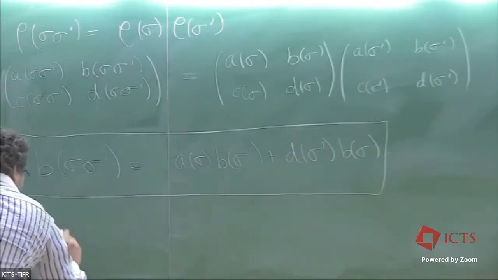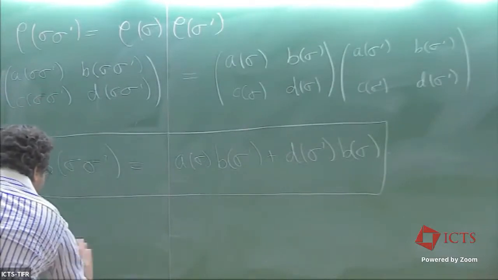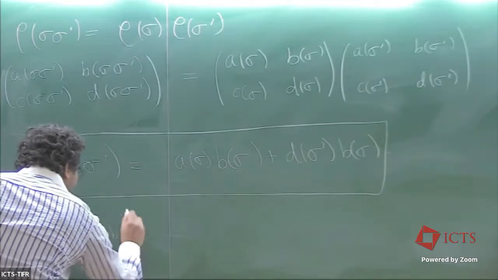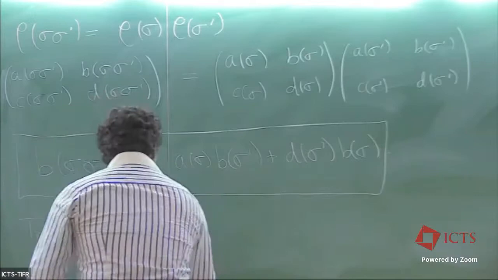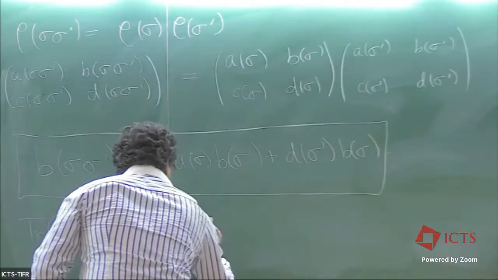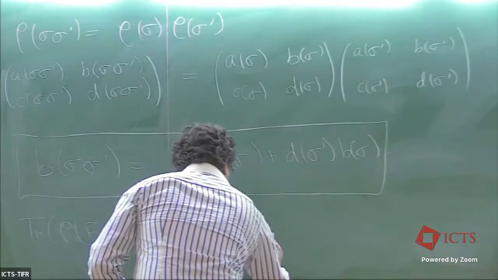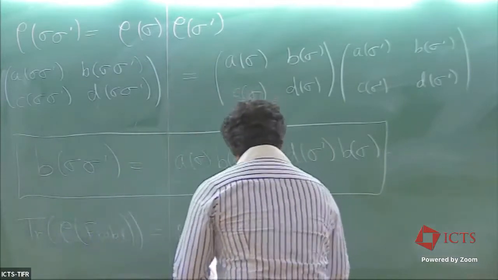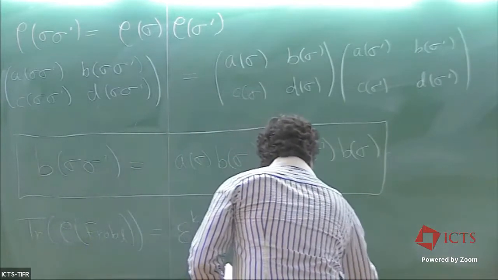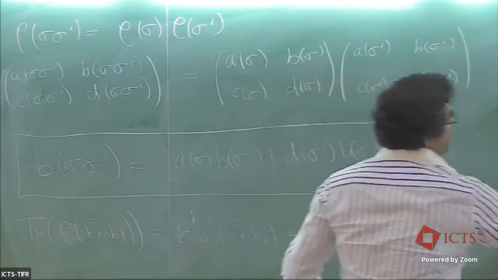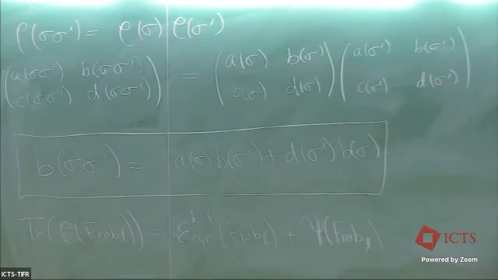So trace of rho of Frob L is simply this times Frob L plus psi of Frob L. This is just from what the characteristic polynomial looks like.